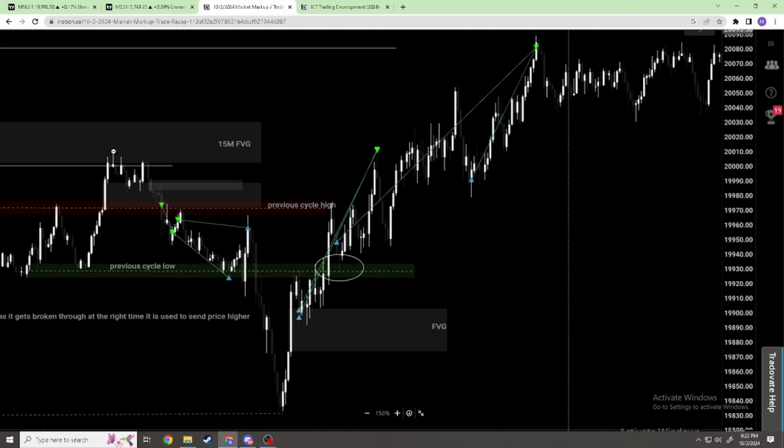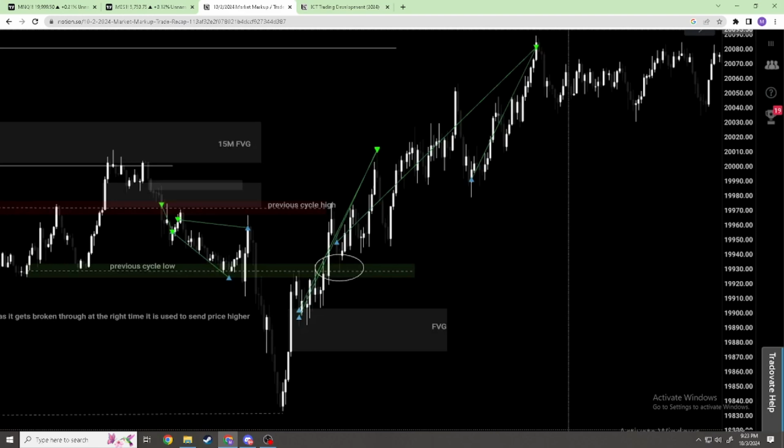And what do I anticipate price to do? After we take this buy side right here, I expect price to stab through, come back into 50% of this Fibonacci range. If you took a Fibonacci and went up into here, I expect price to retract to a Judas swing discount and then deliver price higher, because price moves in Judas swings.